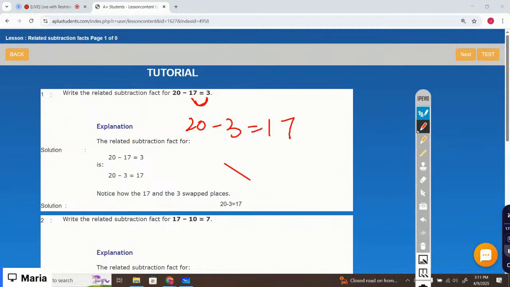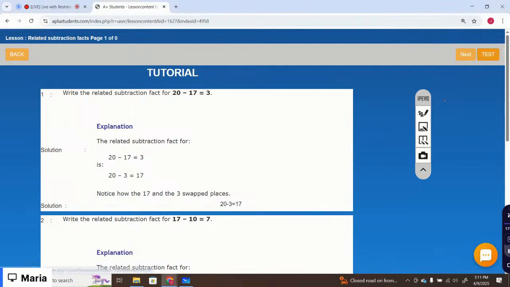So that is 20 take away 3 equals 17. Let's just start with the test questions.